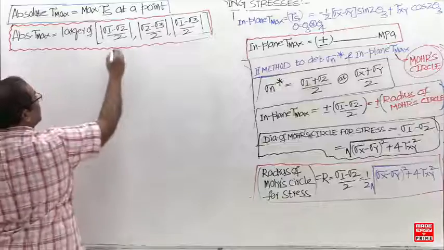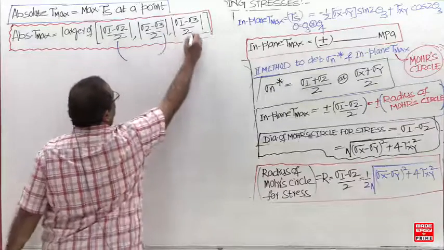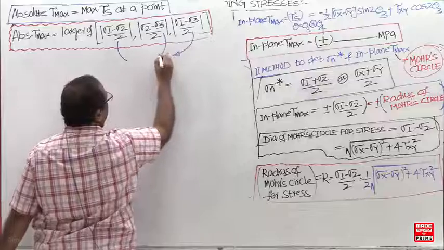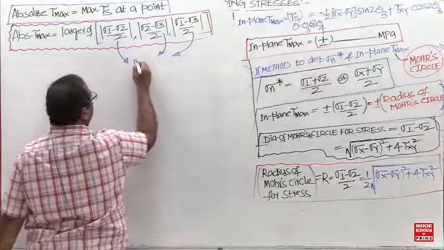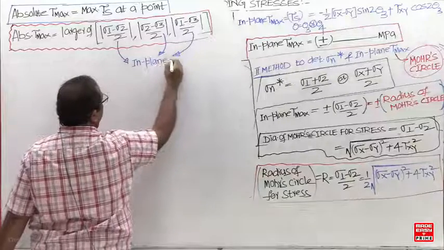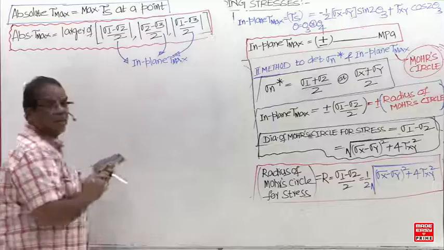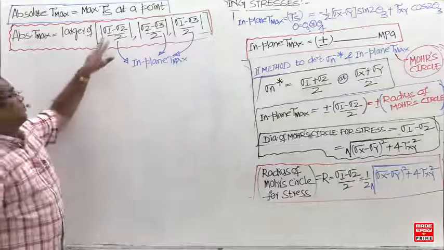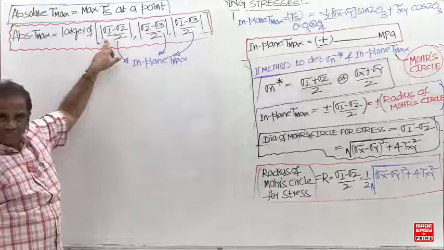Now these are all representing in-plane tau max.